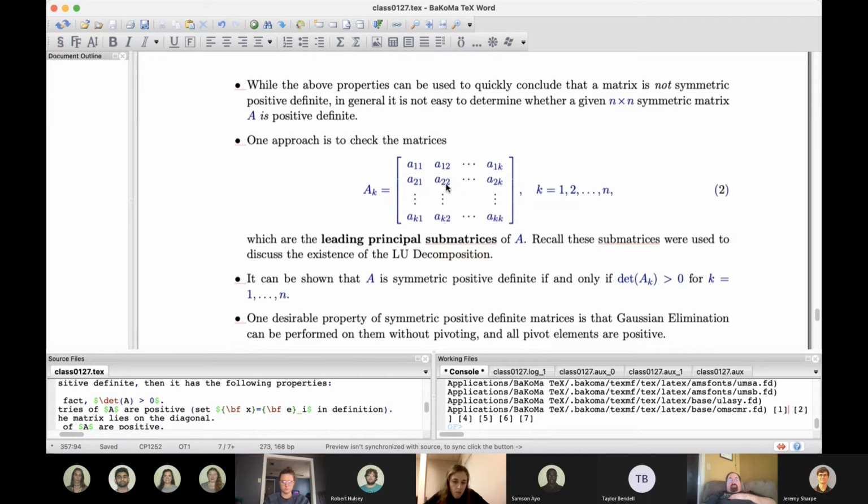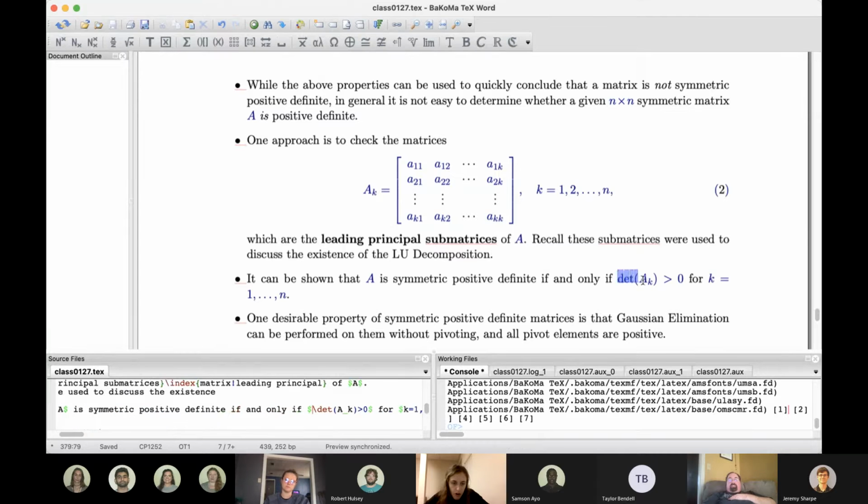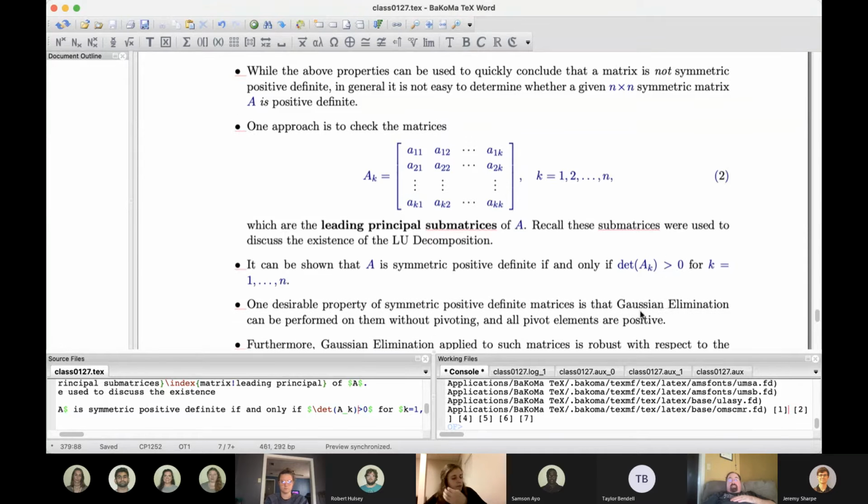Now, this kind of condition came up on Monday when I was explaining when the LU decomposition exists; that means these same determinants must be non-zero. Because in the symmetric positive definite case these determinants are strictly positive, that proves that the LU decomposition of a symmetric positive definite matrix always exists.